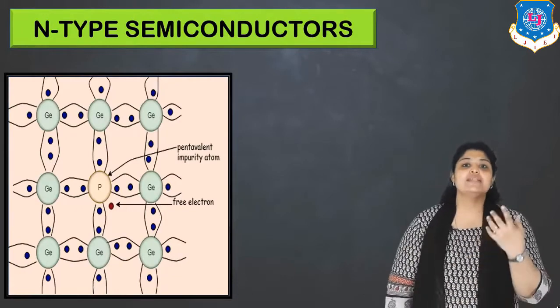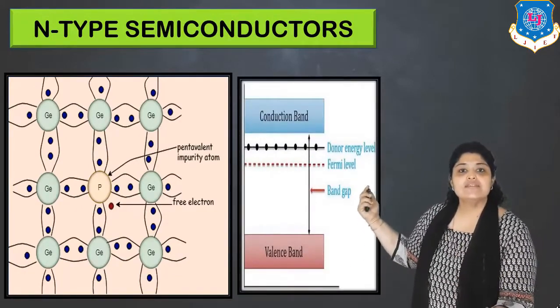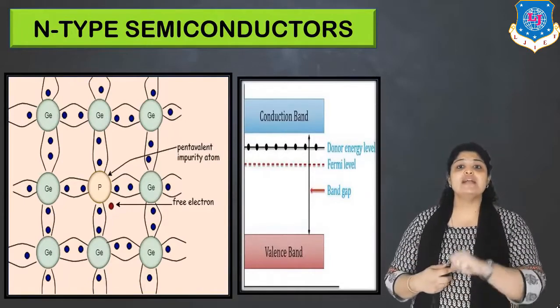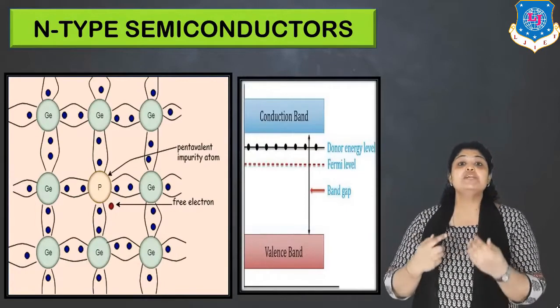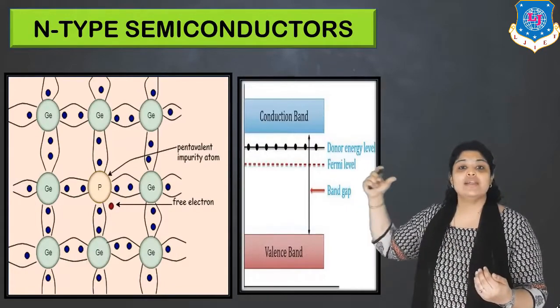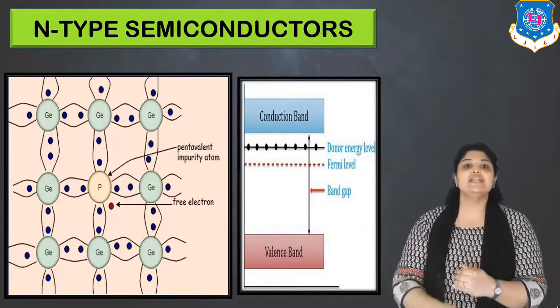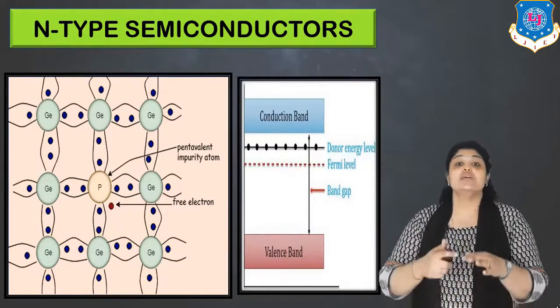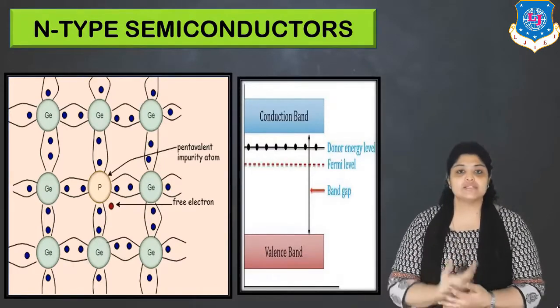Now let's have a look at the energy band diagram. In the energy band diagram here, you can see the valence band. Now this valence band is of germanium, conduction band again of germanium. In between them, you can see a donor level. And this donor level is of the impurity that we have added. Now the impurity which we have added is already having one electron extra.